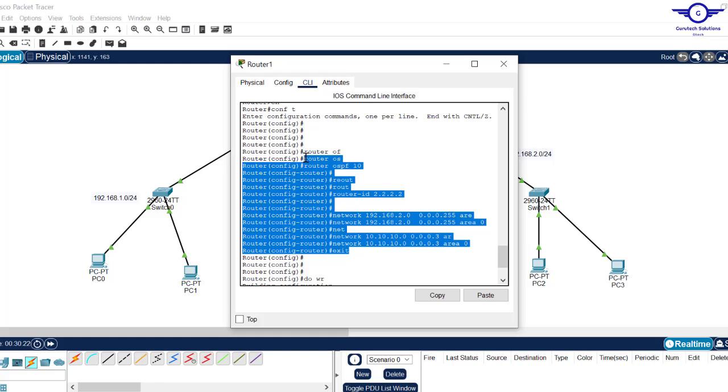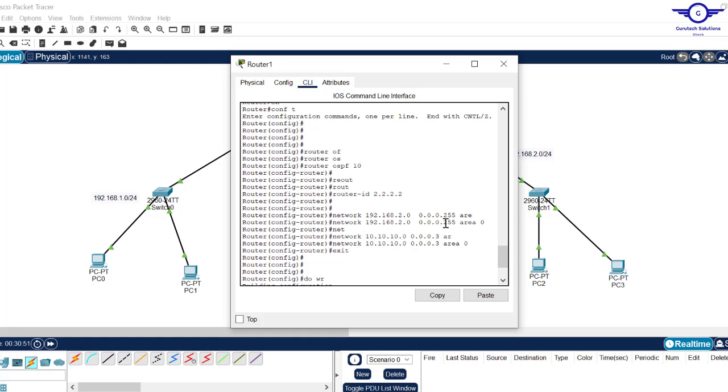I don't know. We only do it for those routers. We have to determine the router ID, and for the network, how do I know how to get those areas? What do you call this, 0.0.0.255?